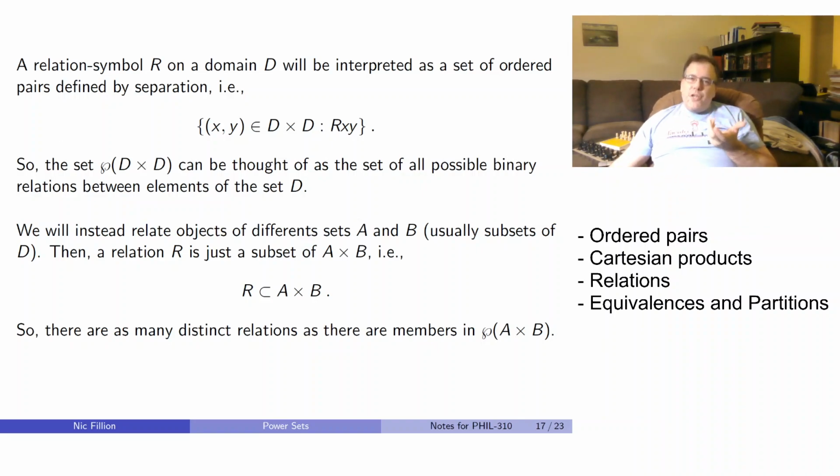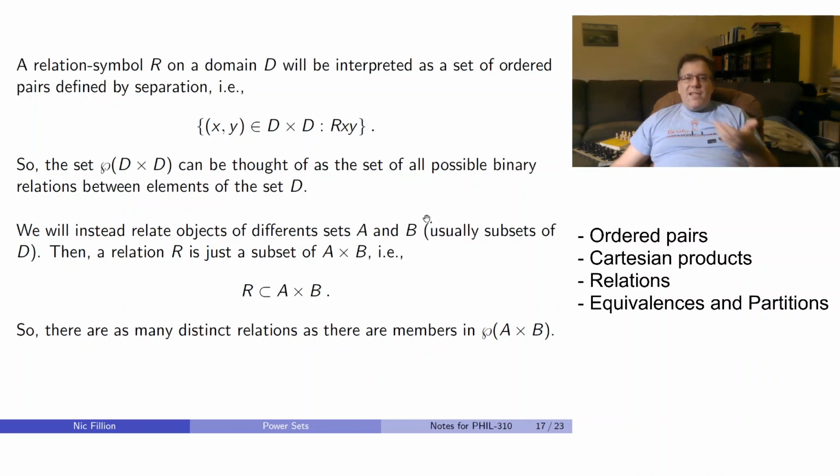So a relation from that point of view, suppose we don't want to take a relation between objects of a universe of discourse, but say between two different things, maybe between students in 310 and times, maybe times it takes to complete an assignment, right? Maybe those two things are subsets of one other set, the universe of discourse, maybe not, it doesn't matter.